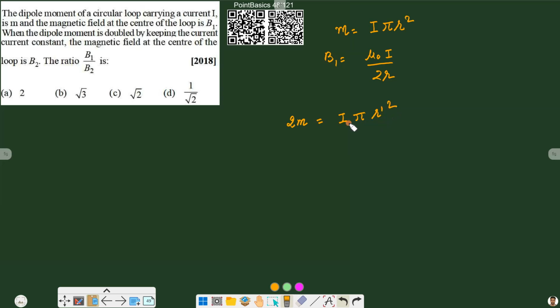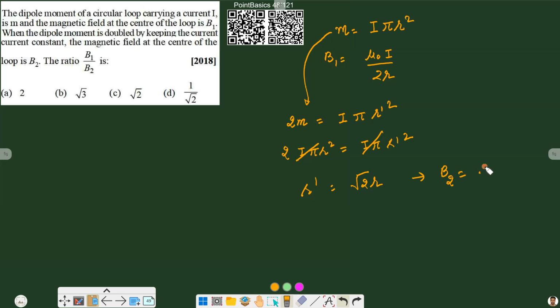The radius becomes r dash. Putting the value of M here, 2 I pi r square is equal to I pi r dash square. I and pi get cancelled, so r dash is root 2 times the original radius. Now using this new radius, we can find the new magnetic field at the center.